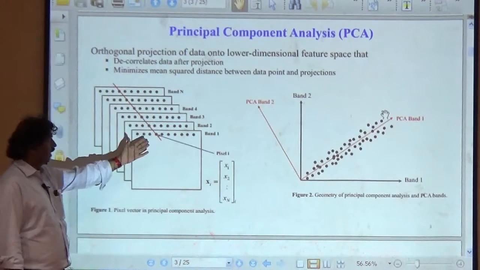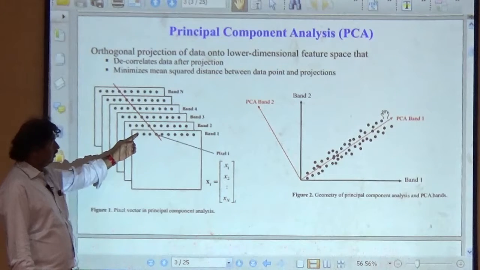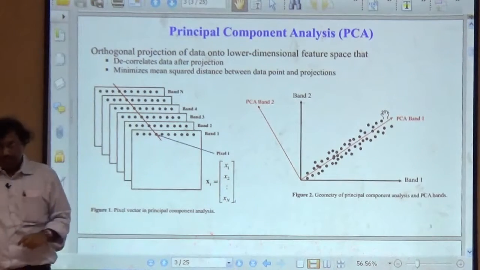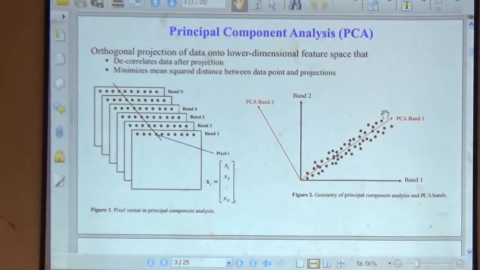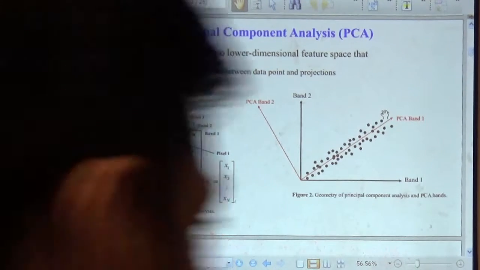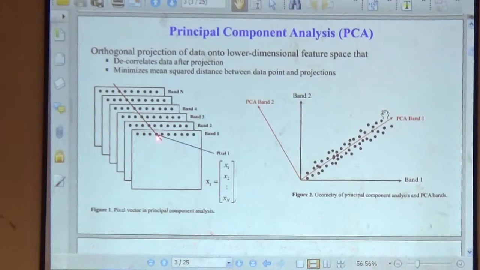So let us look at one particular pixel across all bands. If I look at one particular pixel, that is called the pixel vector. So this is a pixel vector, say at location i, j, and I can now look at the intensities at this particular location in all the bands, and I can stack it up as a vector.